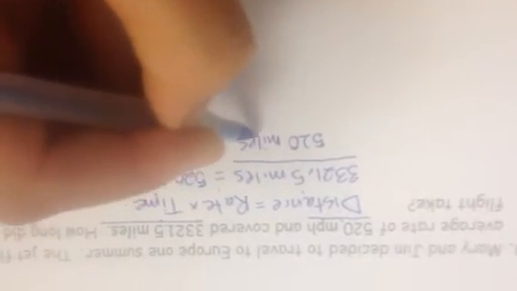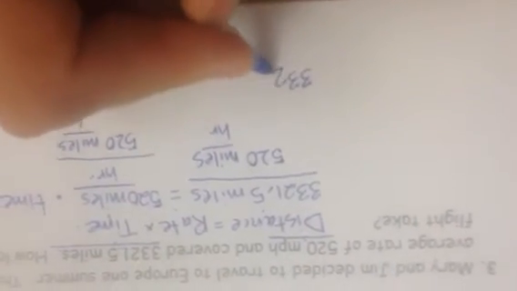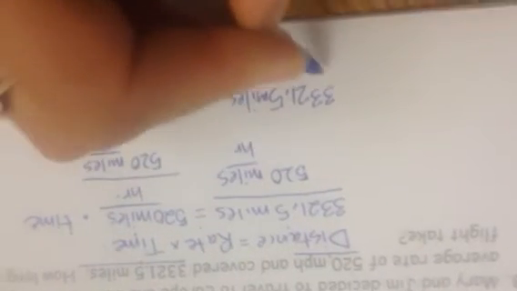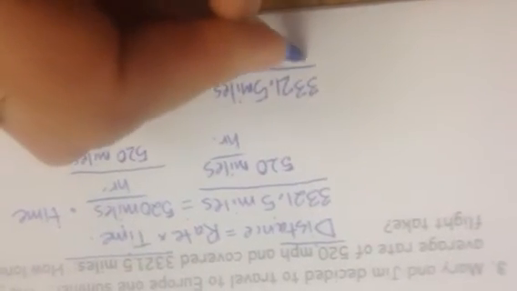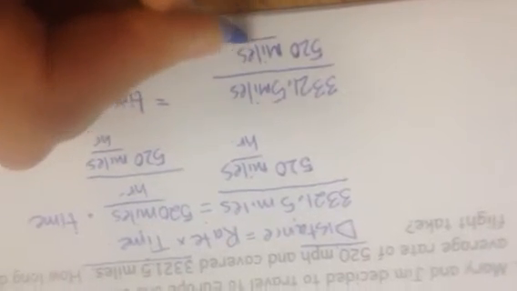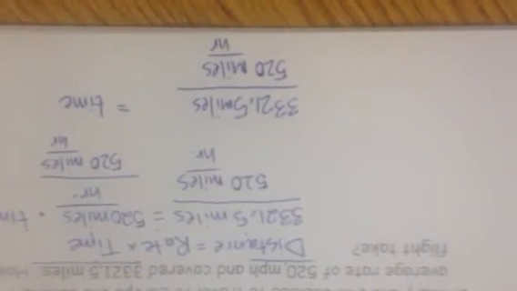Okay. This means that my time is equivalent to 3,321.5 miles divided by 520 miles per hour. Okay, this can get a little confusing with the numerical values and then the units.